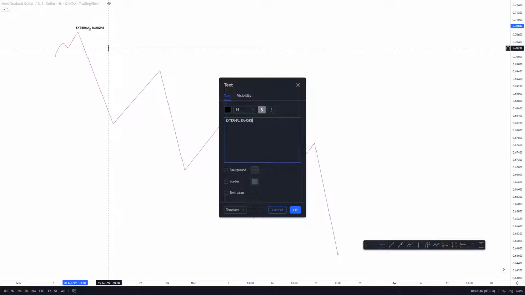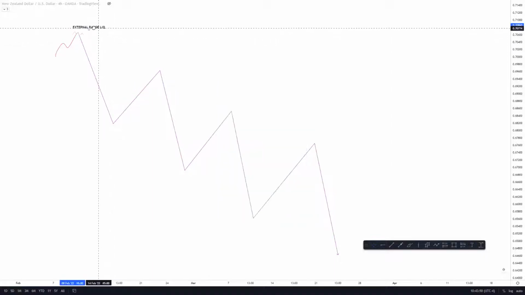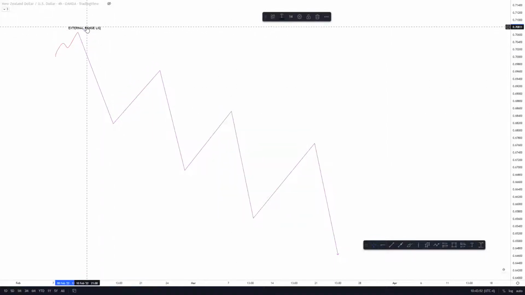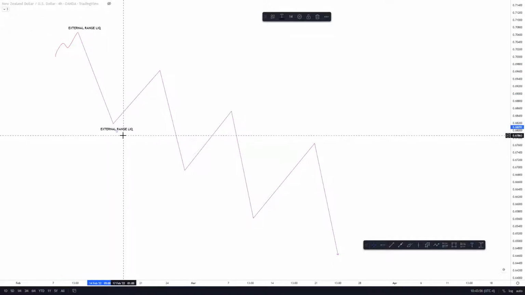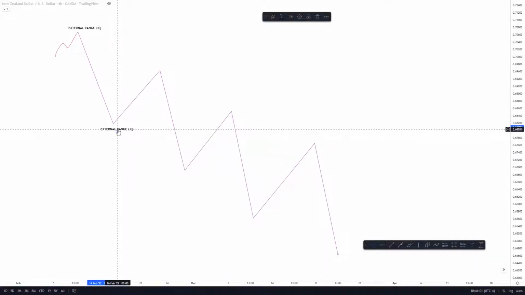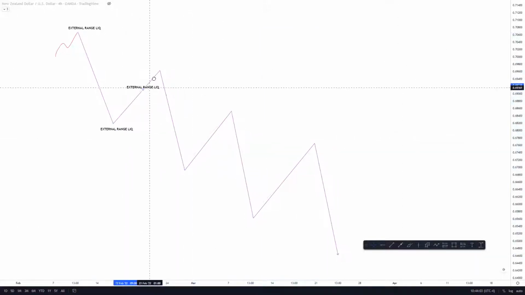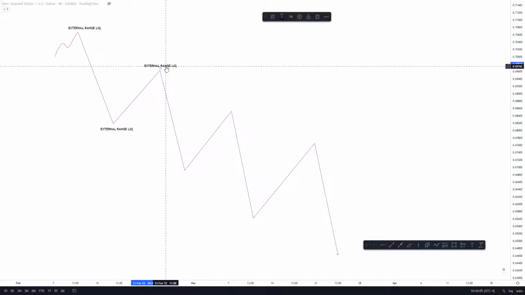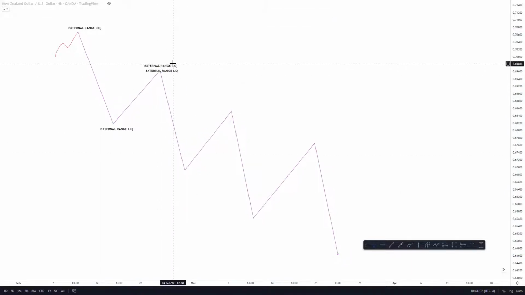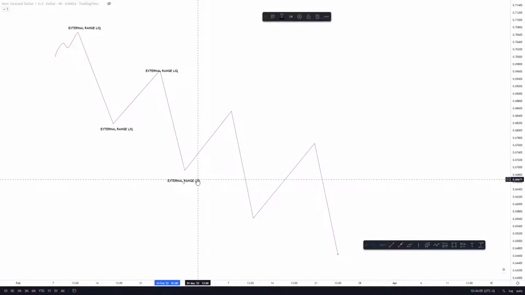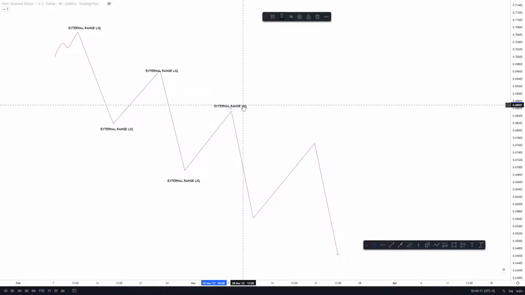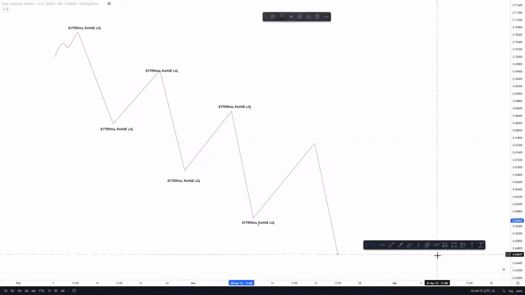external equity. The last swing high, I call that an external range liquidity, and the last swing low, I call that an external range liquidity as well. So the same thing here, from here to here, from here to here.